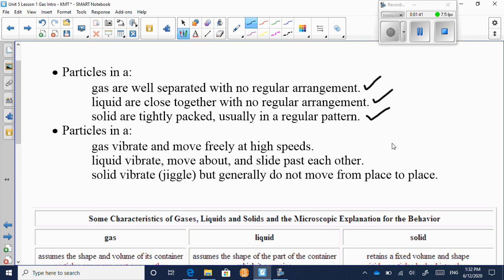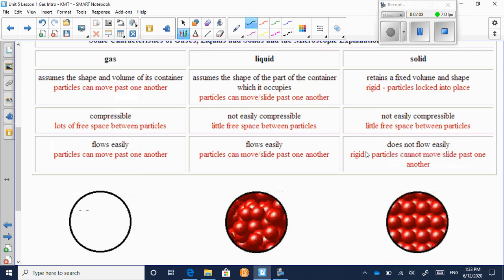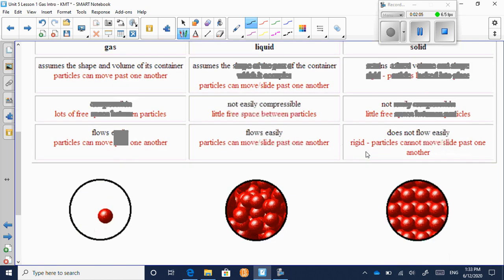Gases tend to vibrate and move freely at high speed, so they're moving around quickly. Liquids vibrate and move about, but they just slide over one another. And solids, even though they appear not to be moving, they vibrate or jiggle, but generally don't move from place to place. And so this is a bit of a summary of them.